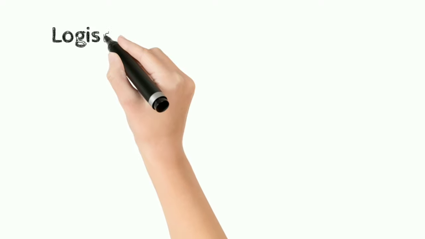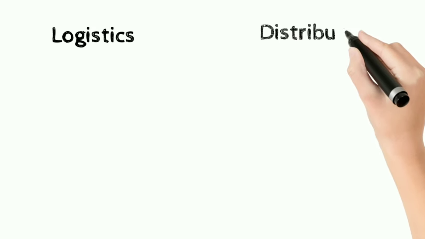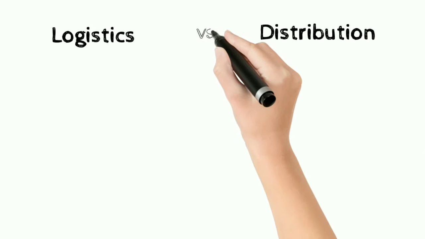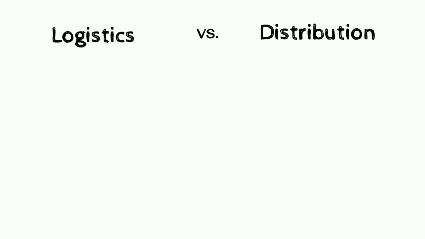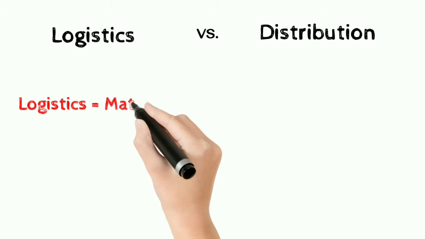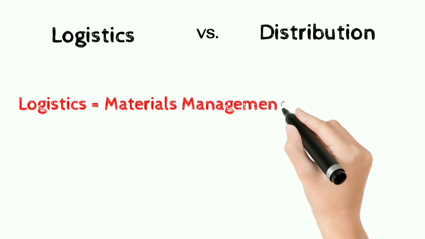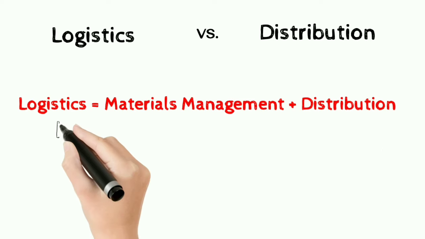Examples of words that we often use interchangeably are logistics and distribution. Kanina, sinabi ko that I will differentiate logistics from distribution, and I can do that by using an equation. Logistics is the sum of materials management and distribution.